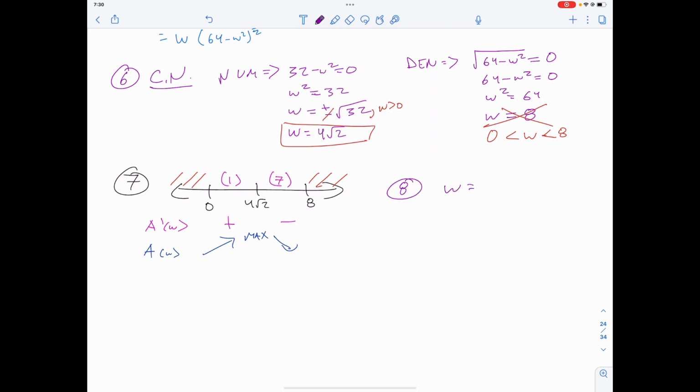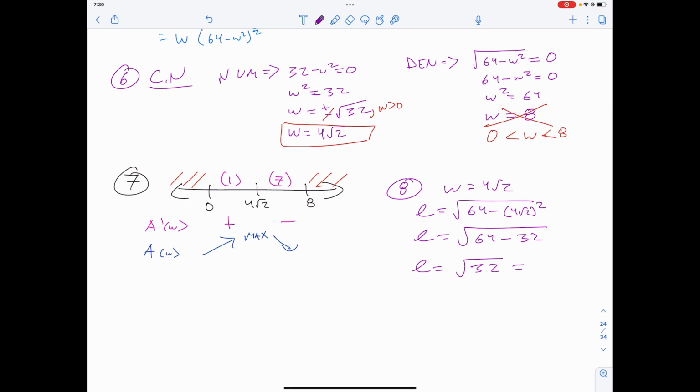So if my W is equal to 4 root 2, then that means that my length is equal to the square root of 64 minus 4 root 2 squared, which is going to be the same as 64 minus 32 in the radicand, or the square root of 32 in the radicand, which is still just going to be 4 root 2.